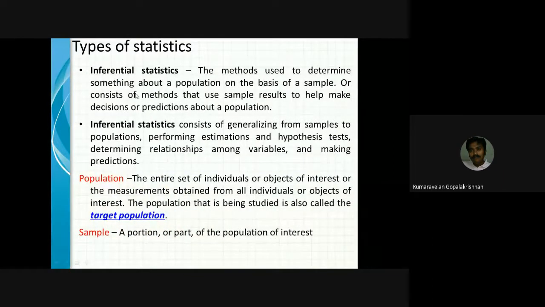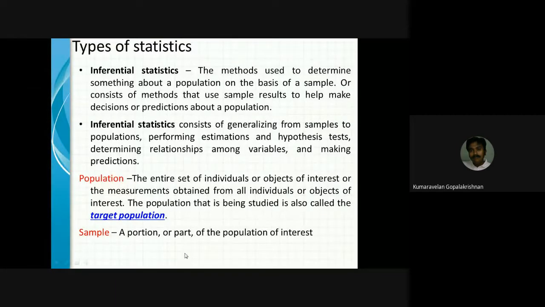So inferential statistics means the entire population will be there, but we are not going to do the computation with all the elements, all the objects in the population. What we are going to do is take some sample, some portion of objects, and do some computation.